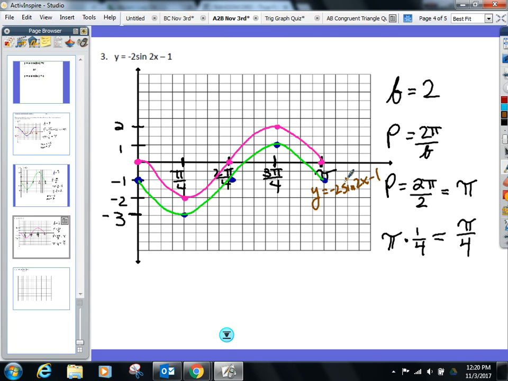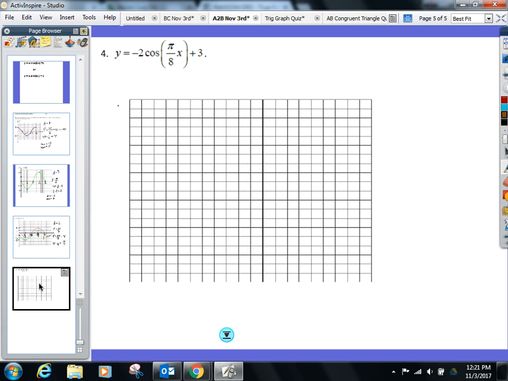Ready to do one on your own? The last one. See if we can do it on your own. Look around at the people in your group when you finish. See if you guys match. I'll put my versions up here too. Okay, again, recommend doing the pre-shift one first. Find your frequency. Find the period.